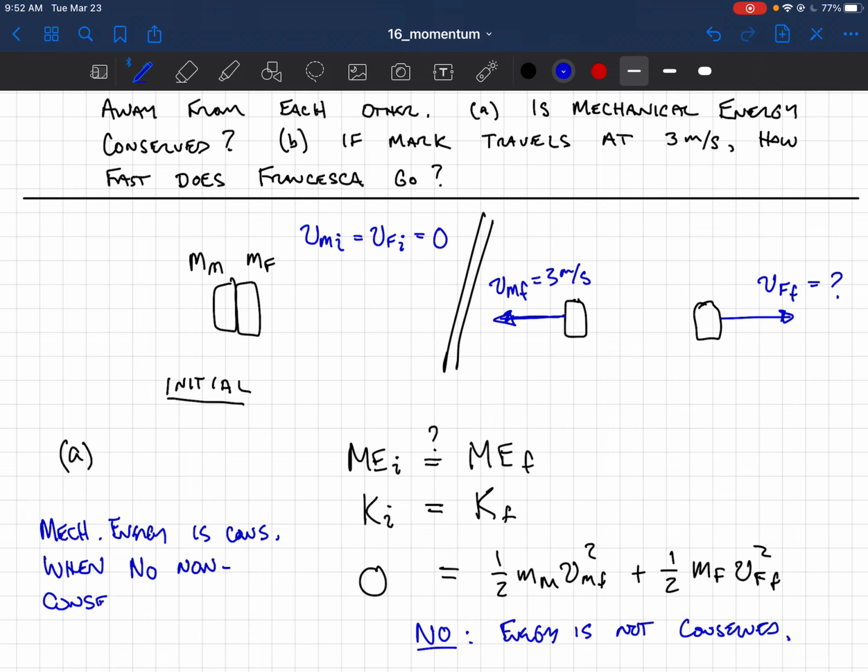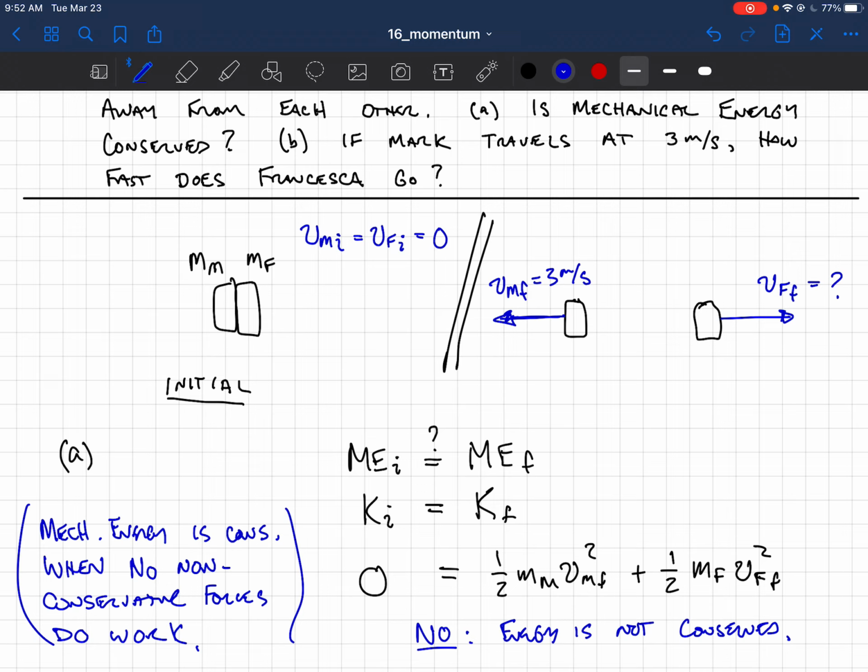No non-conservative forces do work. So we'd get conservation of mechanical energy as long as there are no non-conservative forces doing work.